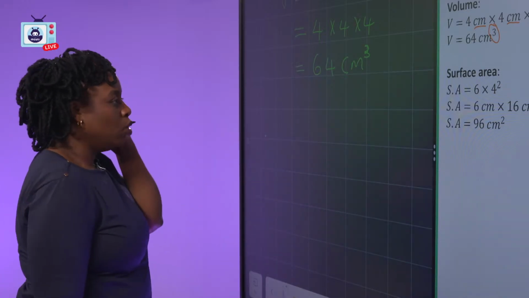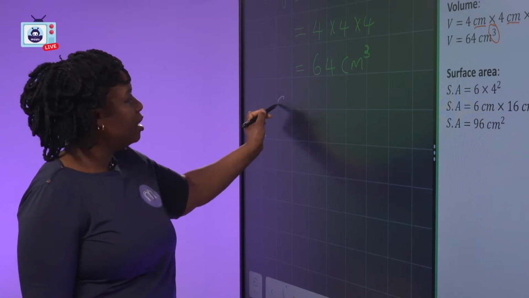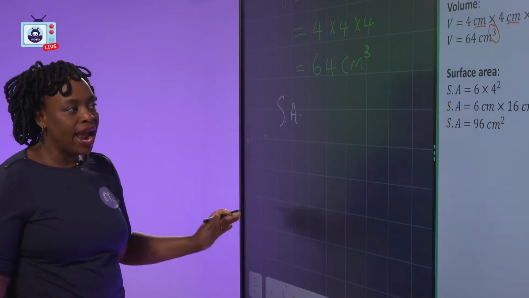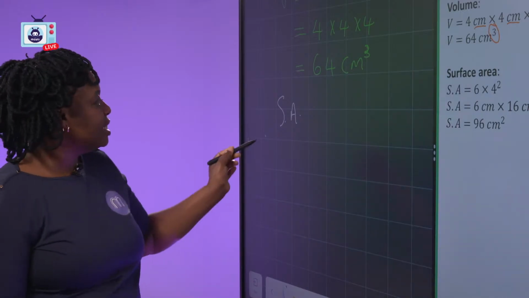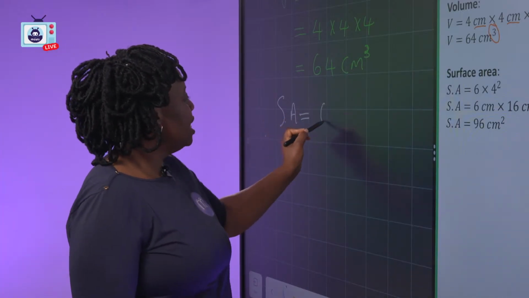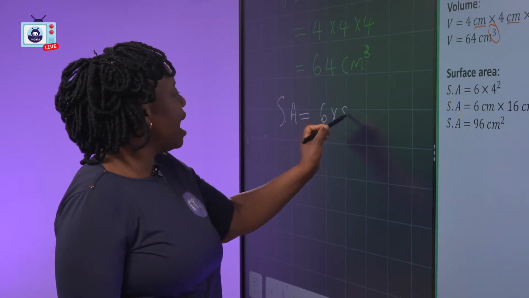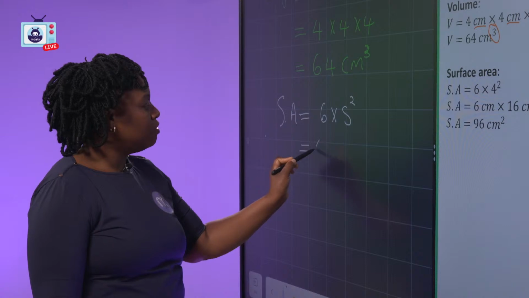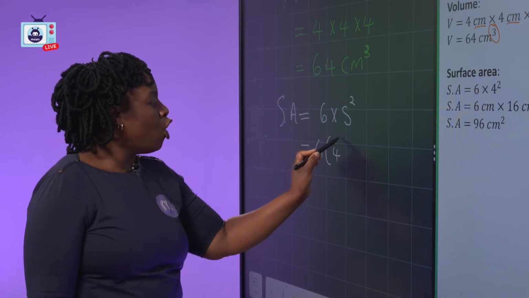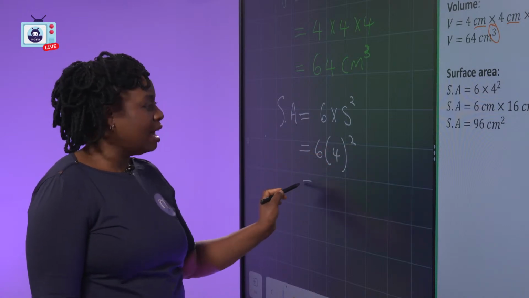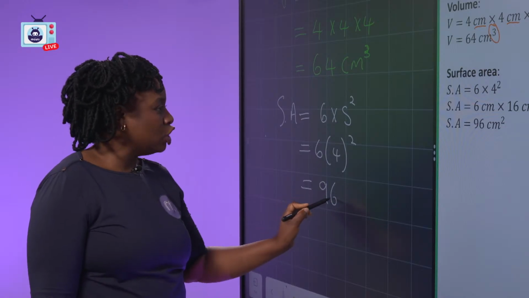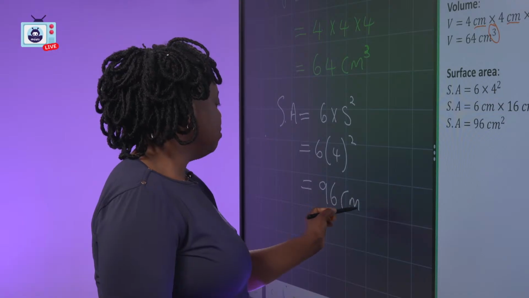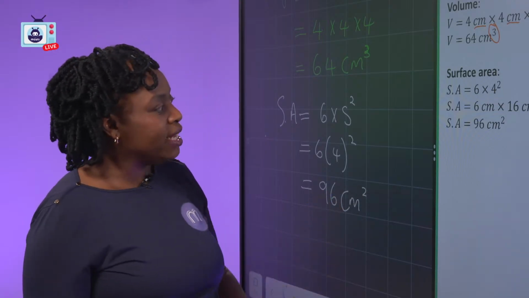Okay, when you're looking for surface area, we usually just call it SA, to summarize the words surface area. The surface area of a cube is 6 multiplied by S squared, which is the area. So we have 6 multiplied by 4 squared. If you use your calculator, you will see that it gives you 96 centimeters squared. Why squared?